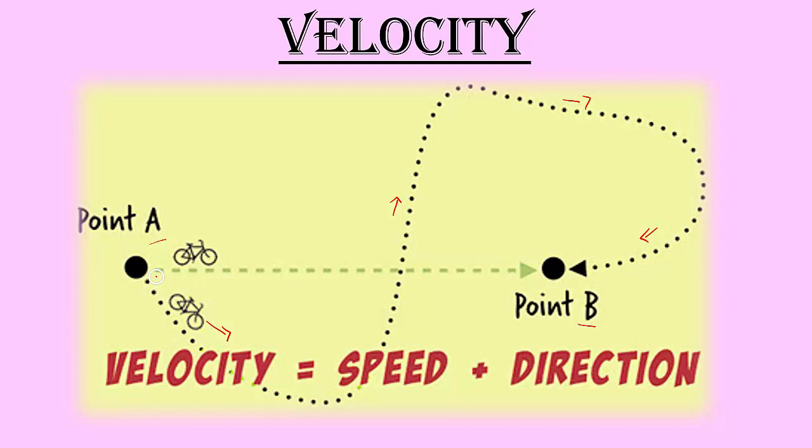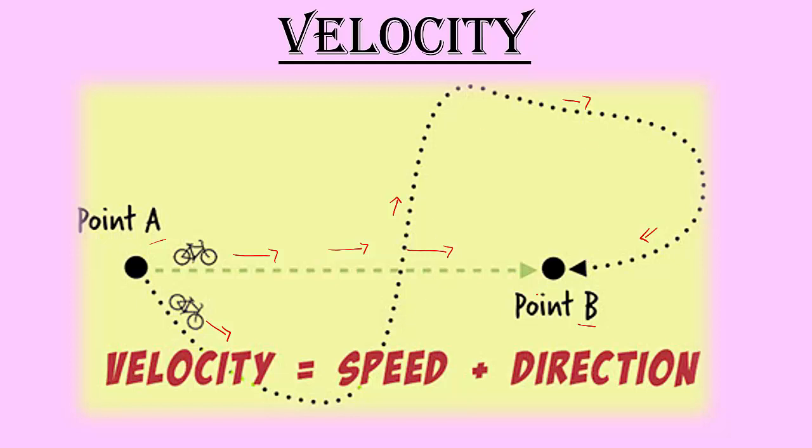The shortest path length between any two points. So the second way is the shortest length, and we can call it displacement. The first way is distance.